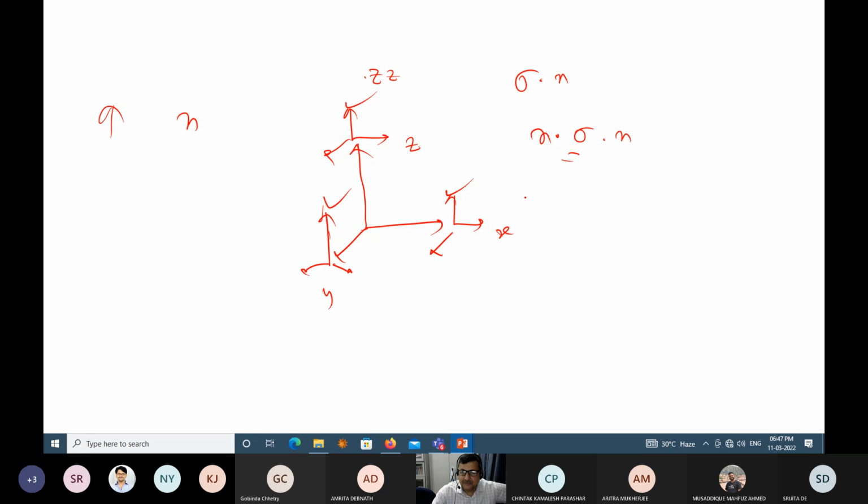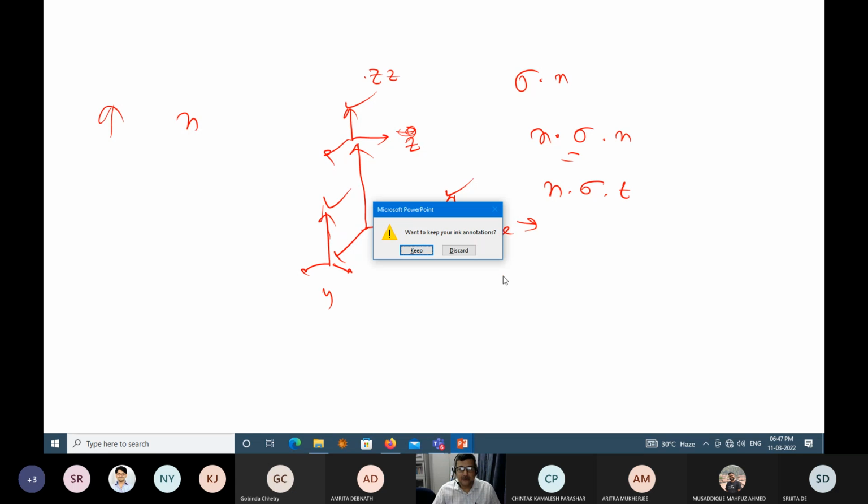Correct. Now, if I go for n dot sigma dot t, in which direction will it be? Rather, it will be the one which is here, which is the tangential component. Correct.